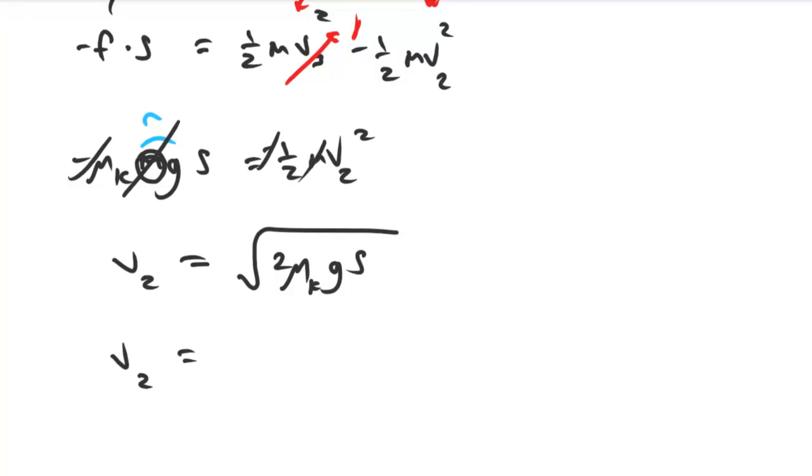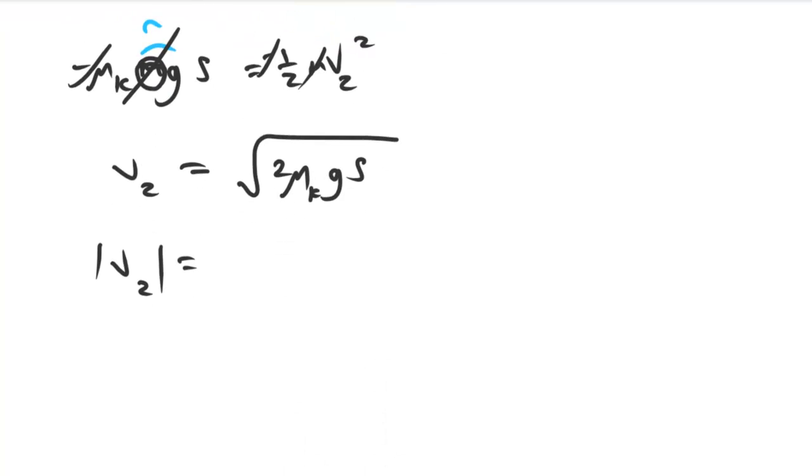So the magnitude of v2 is equal to 0.949 meters per second. Where this s is how far it traveled, right? So that was 0.23 meters. And g is the same, and mu k was the 0.2.